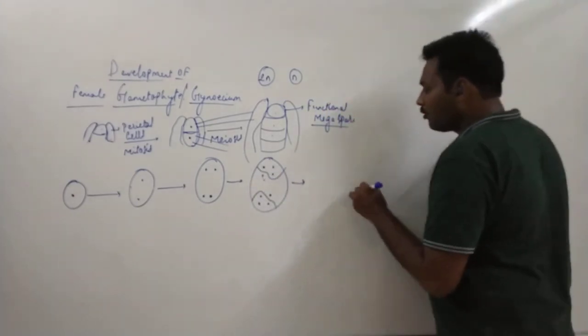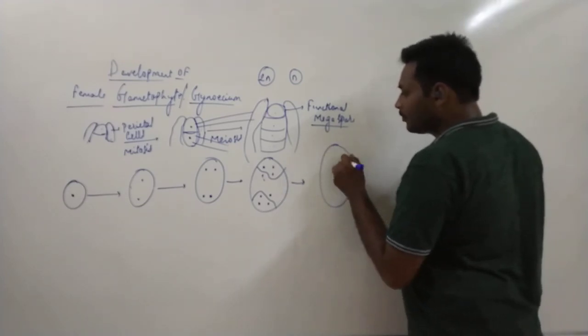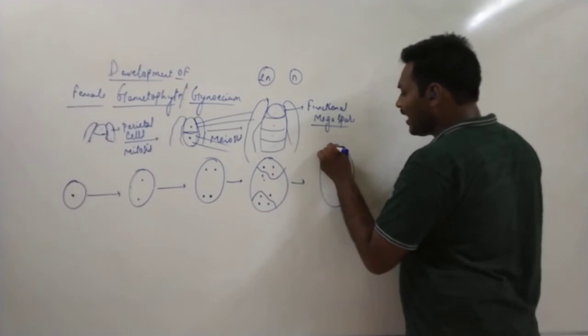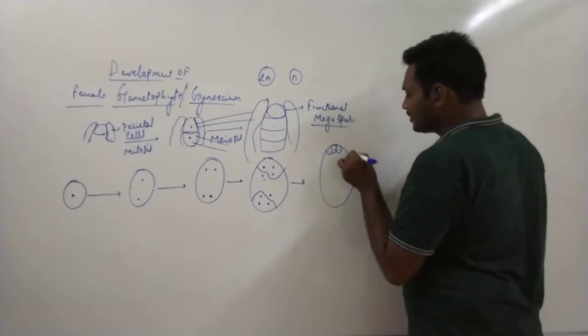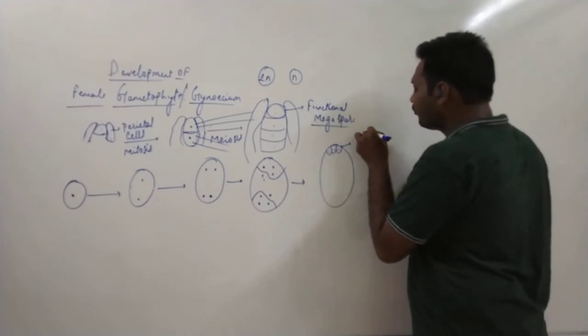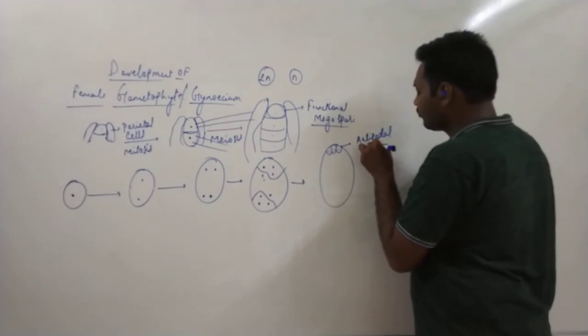Of the 4 in the upper group, 3 will act as the antipodal cells.